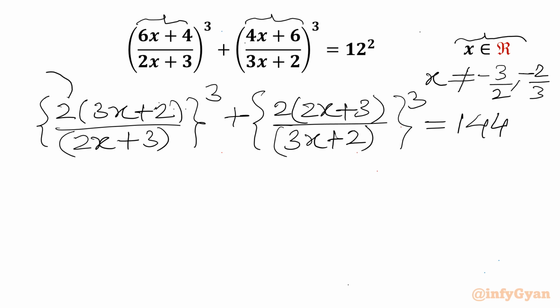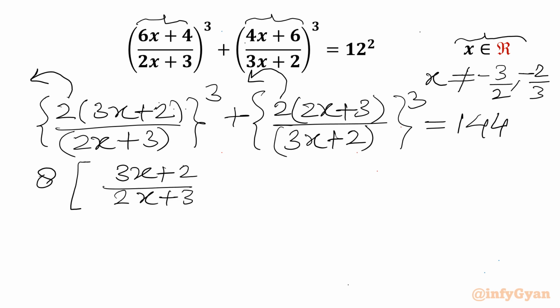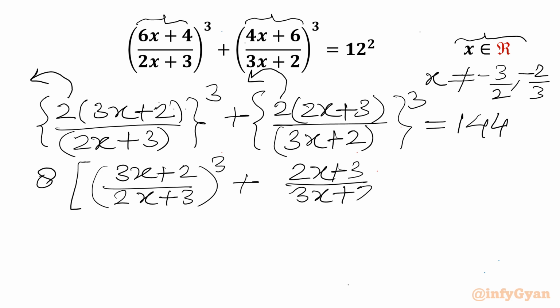Now I will take 2 common out. It will come out as 8, 2 cube is 8. So we can write 8 times (3x plus 2 over 2x plus 3) whole cube plus (2x plus 3 over 3x plus 2) whole cube equal to 144.